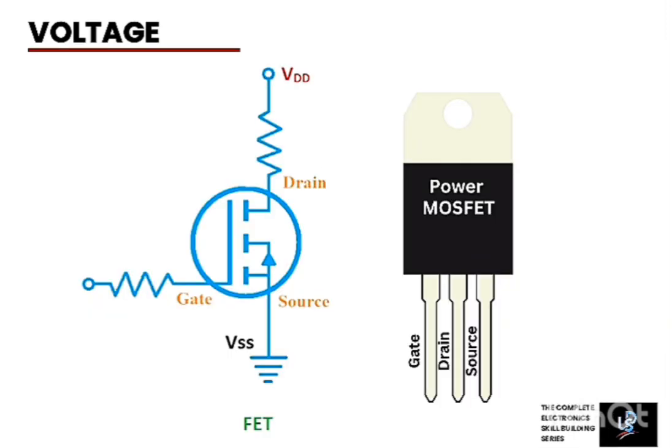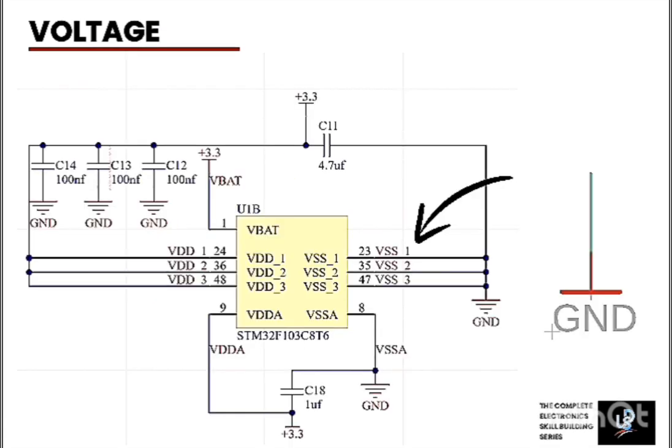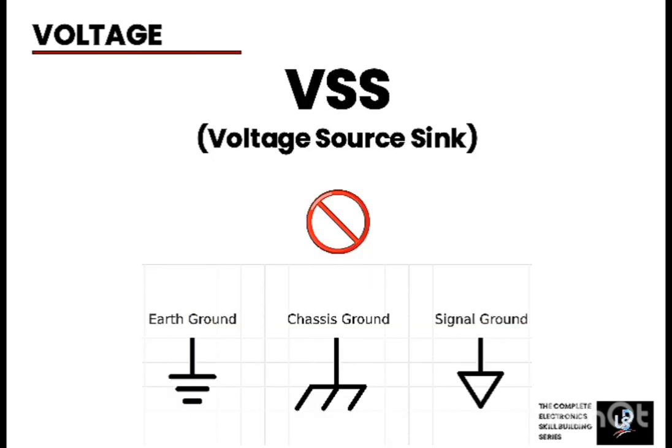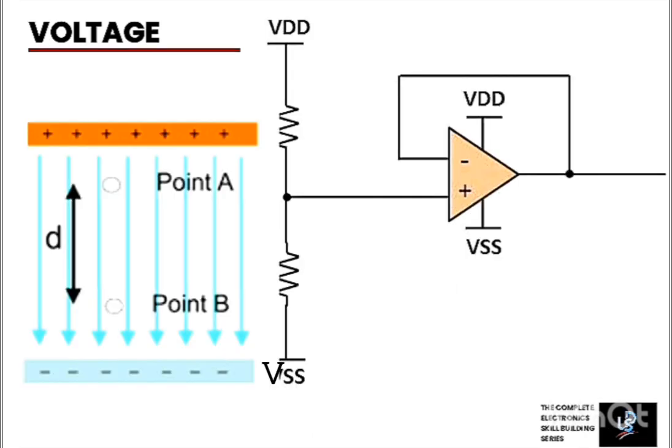VSS stands for negative supply voltage in field effect transistors, FETs, and often shares the same potential as ground, GND. Note that VSS is not always ground in a broad sense. What it does is that it provides a stable voltage reference point to the VDD, that's the voltage drain for the circuit.